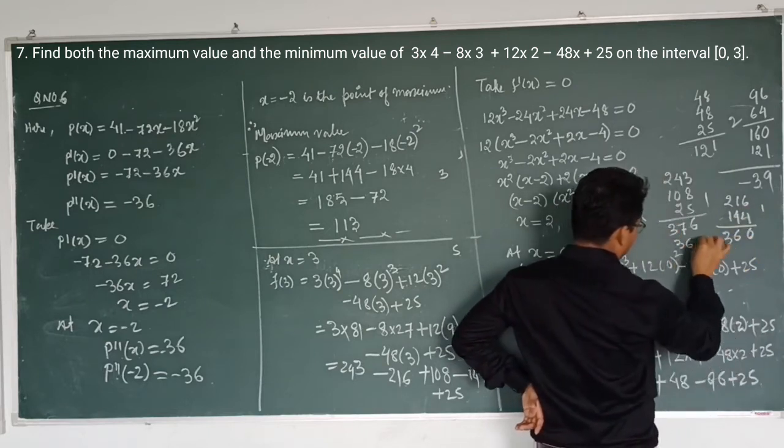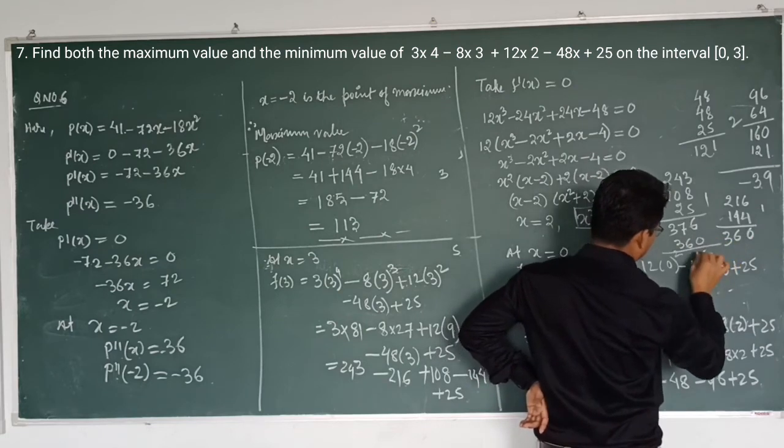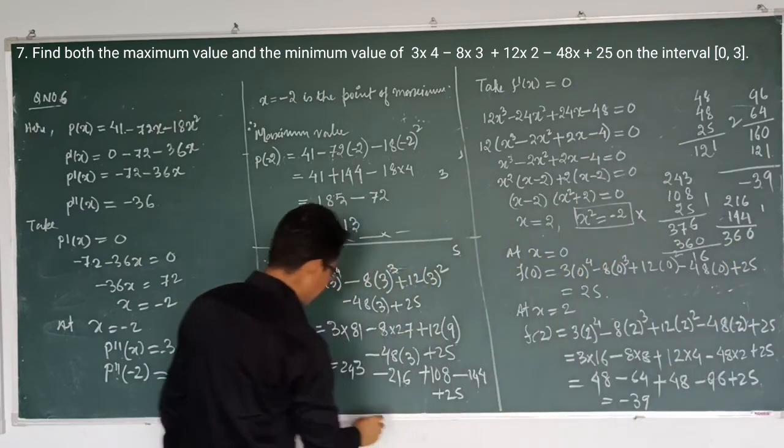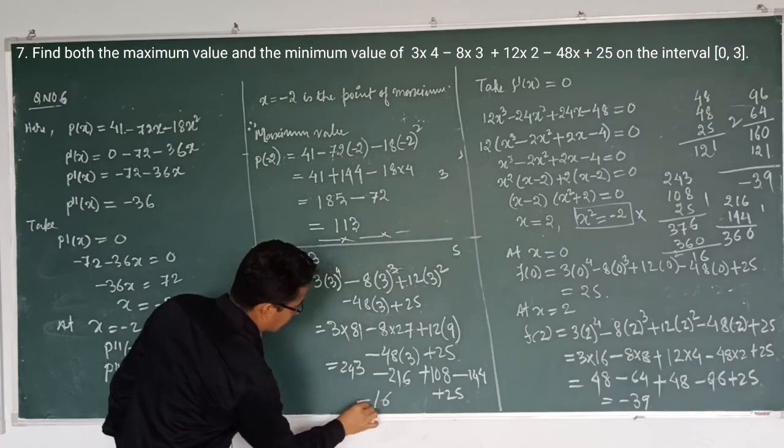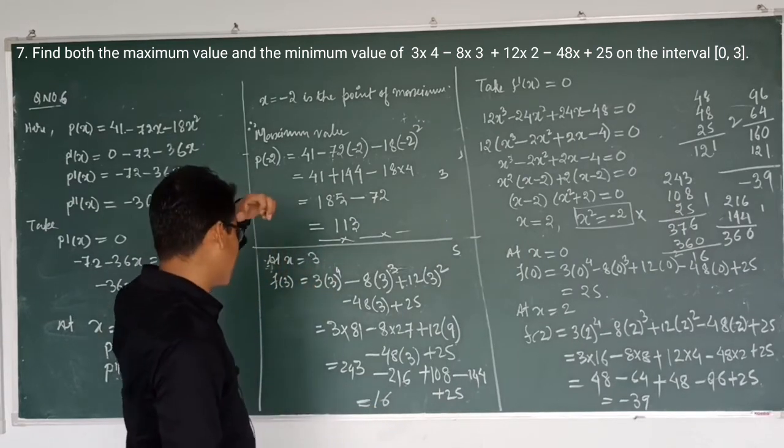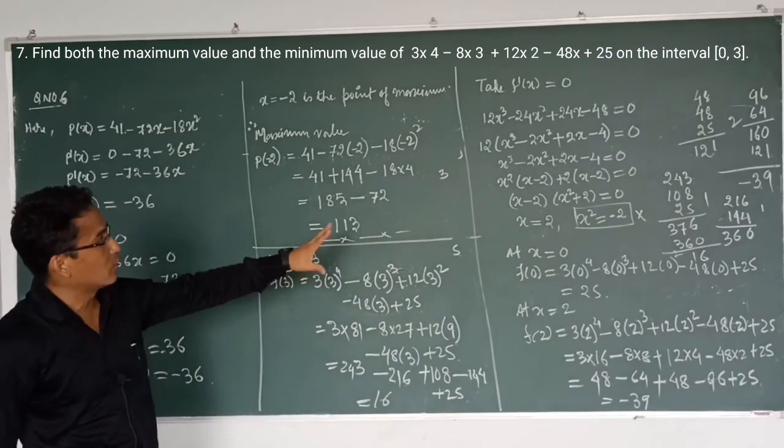So 360, this is minus, then 6, 1. We will get the value 16 here. Okay, 16 here. So you see the calculation once.